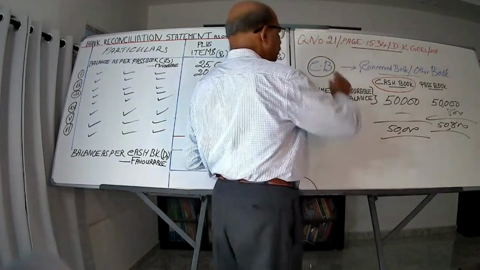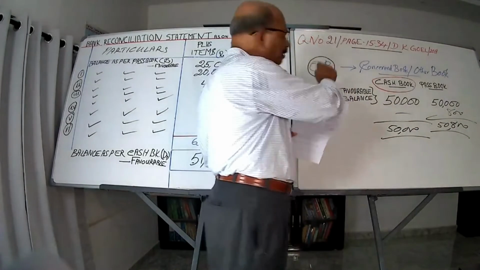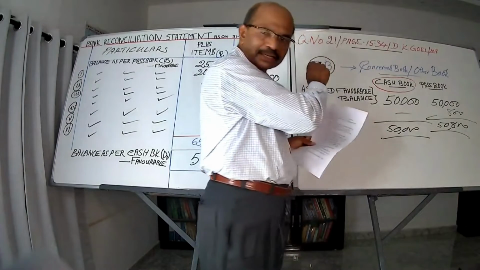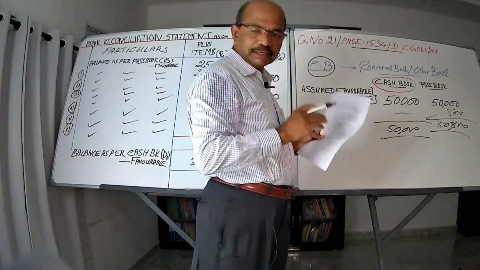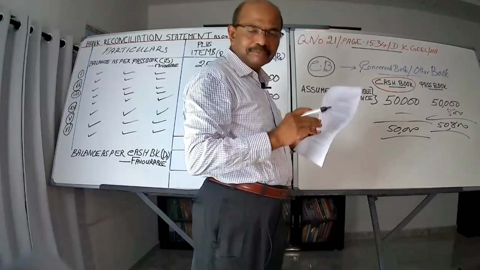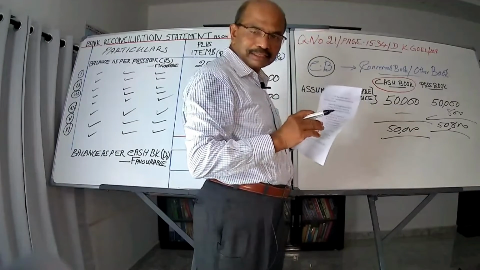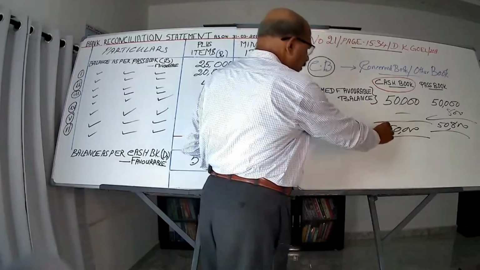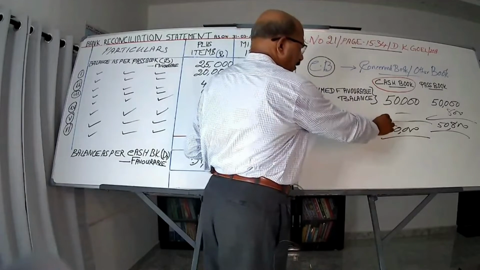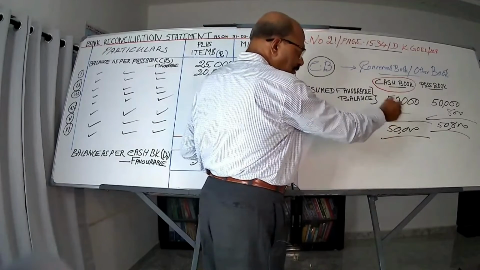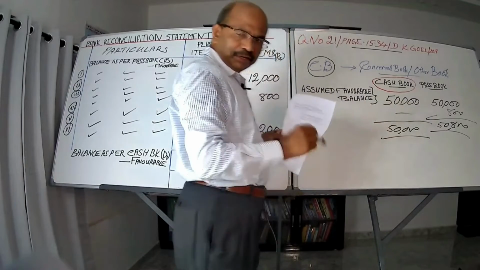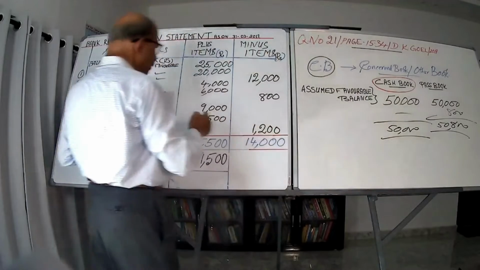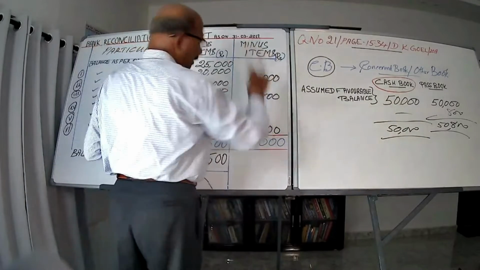Why decreasing effect? Invariably, it is based on the cash book. When we determine the cash book, till the end of the sum, I will be basing on the cash book to ascertain whether it is a decreasing balance or an increasing balance. So it is decreasing to the extent of 800, because as compared to the other book, this book is having a lower amount to the extent of 800. Hence it has come on the minus side.